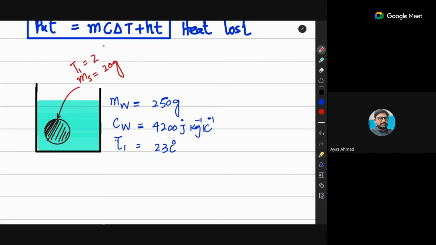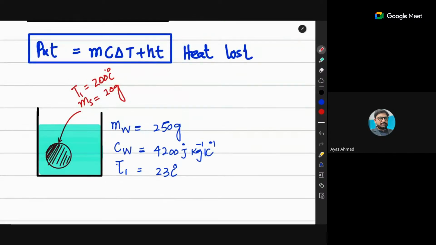Suppose its initial temperature is 200 degrees centigrade. And the final temperature of this setup is not given to you. For example, I just give you the specific heat capacity of the iron, which is almost 420 per degree centigrade.